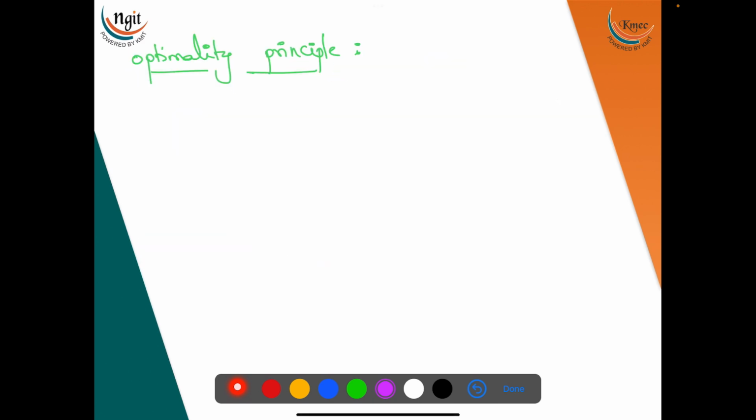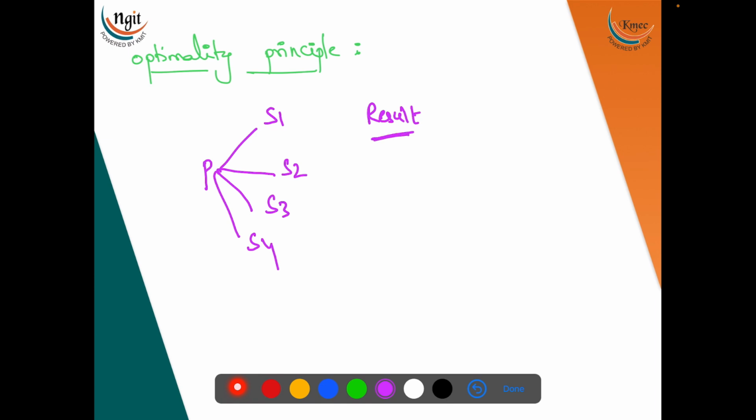Now, what is the optimality principle? Let us assume that we have a problem P. For every problem there will be many solutions, and these we call feasible solutions. So among all the sequences of decisions, we will pick one result as the best solution. S1 is one of the solutions, S2 is one of the solutions, S3 is one of the solutions, and there may be many solutions for one problem.